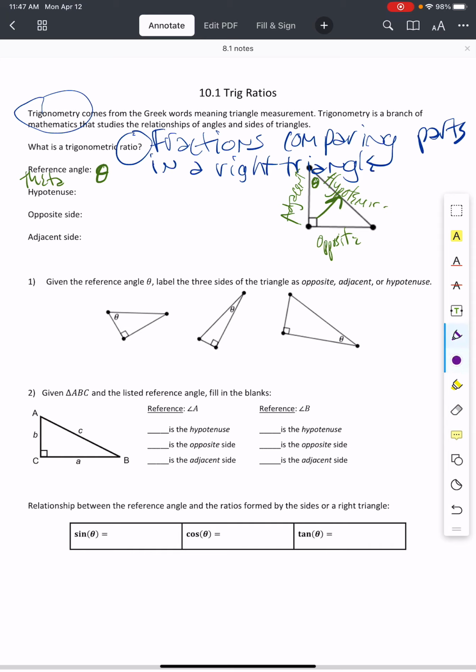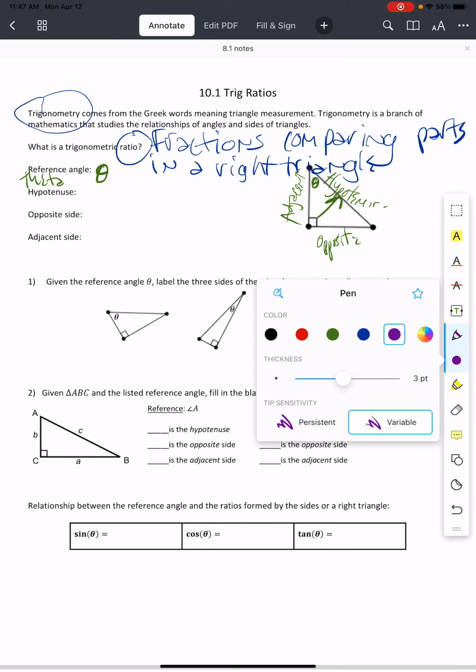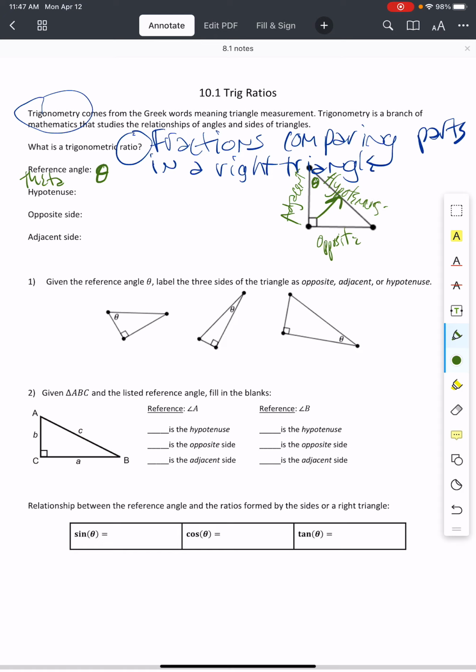So let's look at example 1, okay? Based on the theta that they've given, look at the side I'm pointing to here. Is that opposite, adjacent, or hypotenuse? Remember, we're referring to where the theta's marked. Jason? Good.